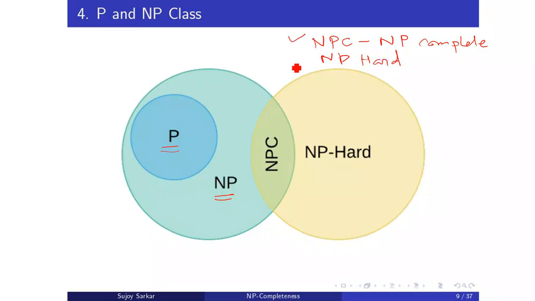Whatever computational problem we are solving will fall in these 4 categories. So first we need to understand which problem falls where. As we started with NP, NP means we said that if the solution is given, we can verify it in polynomial time.